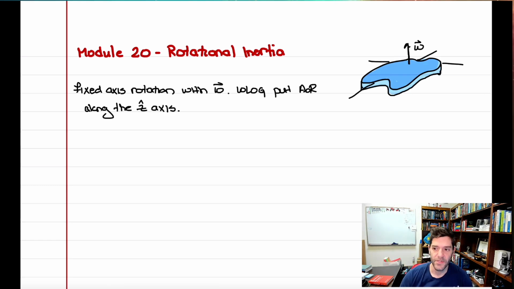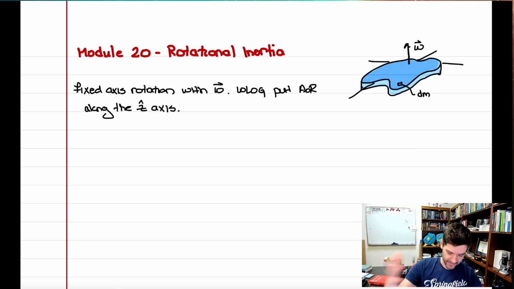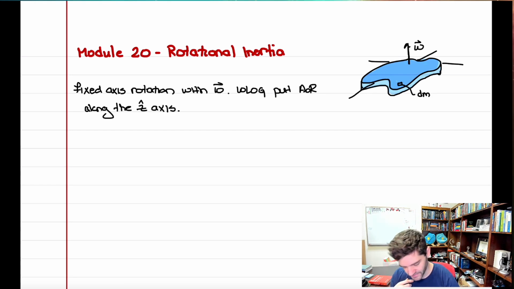Under these assumptions, it's nice that, for example, if I have some extended system here, which I've sketched out as this blue blob, and there's a particular part of this blob, or an individual particle itself, I'll just say dm, but it could be just a single particle that's rotating around this particular rotation axis.